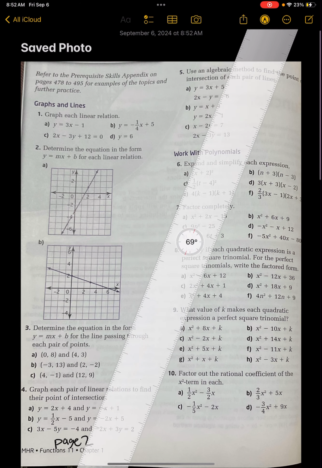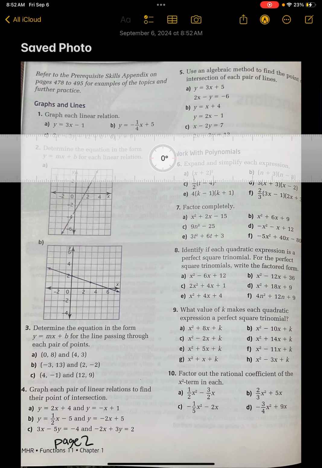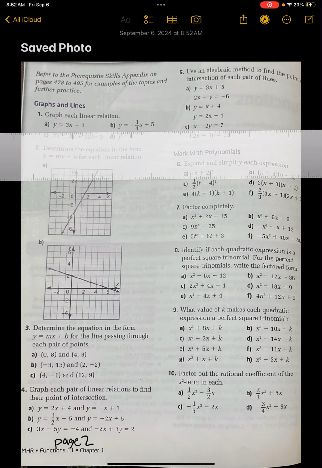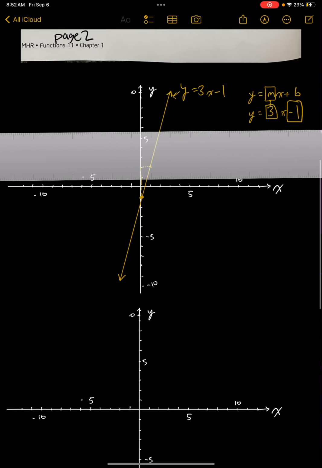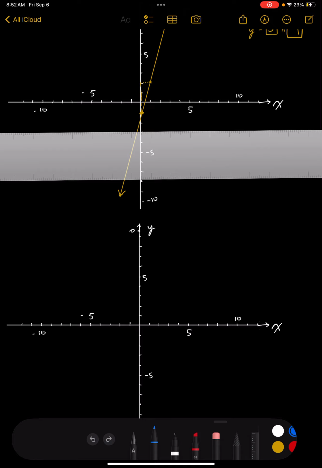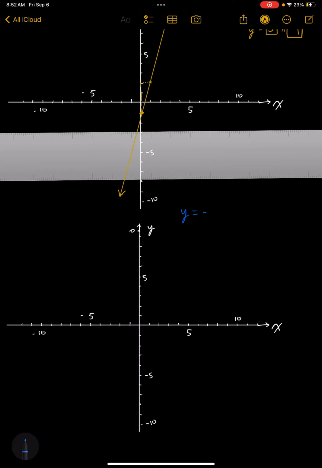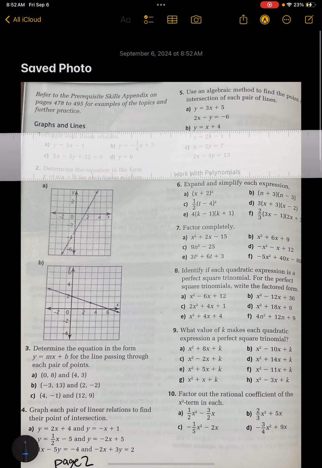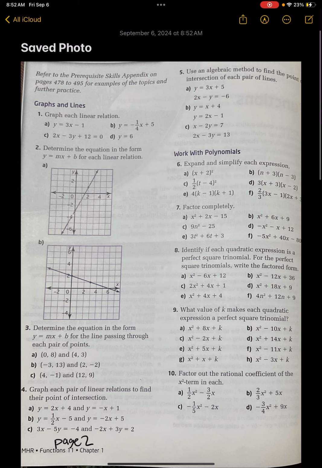Now we'll do b. y equals minus a quarter x plus 5. We'll do it over here.